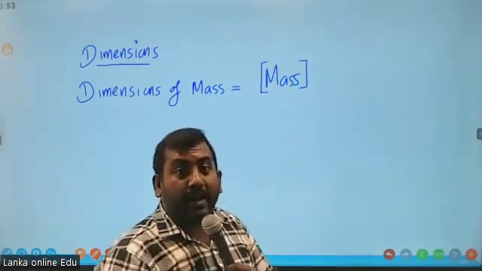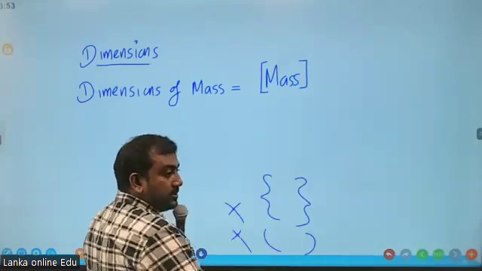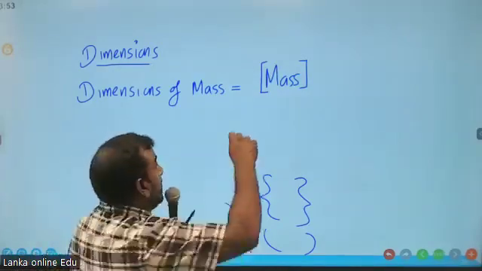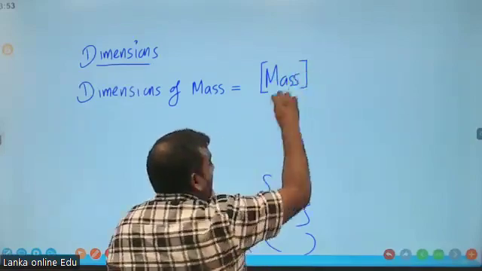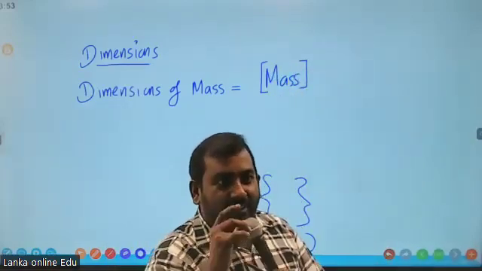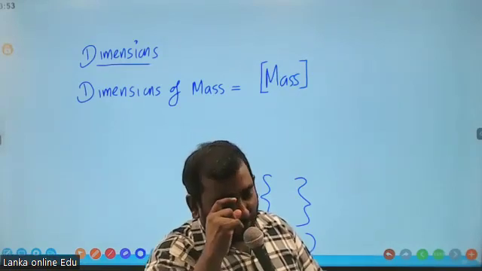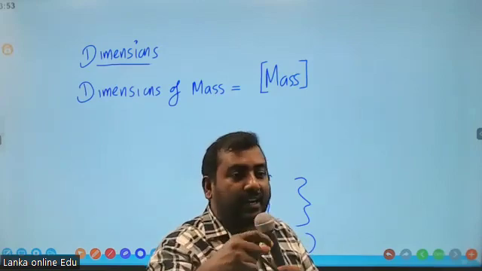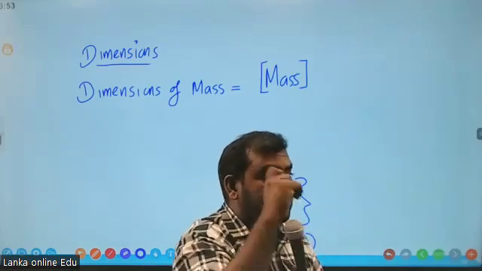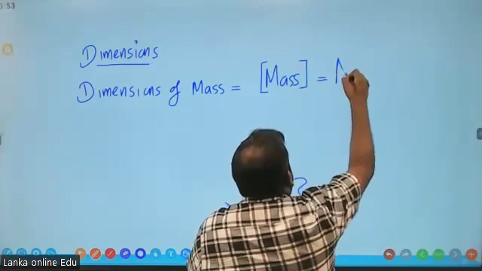We can't put any bracket we want. We can't be putting curly brackets. What's the method? Square brackets. So even in Japan, if they write in Japanese and they put square brackets, you know it's a dimension. So the symbol that we use is square brackets. So dimensions of mass is represented as capital M.